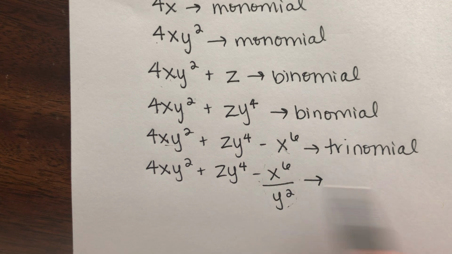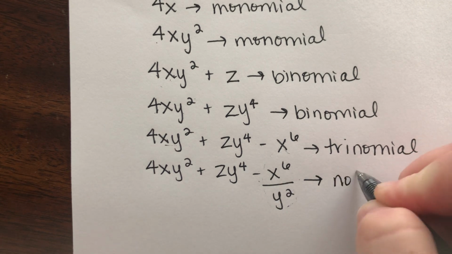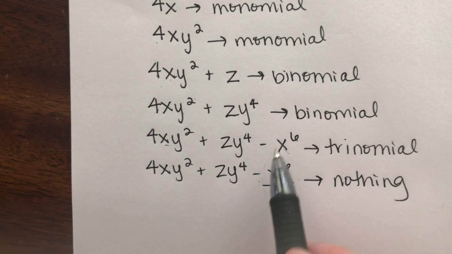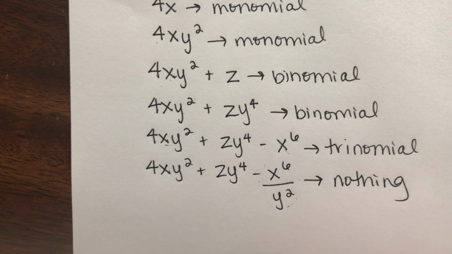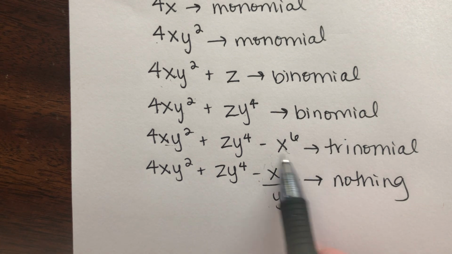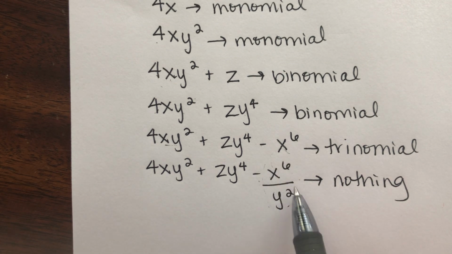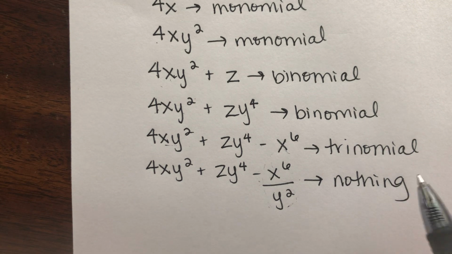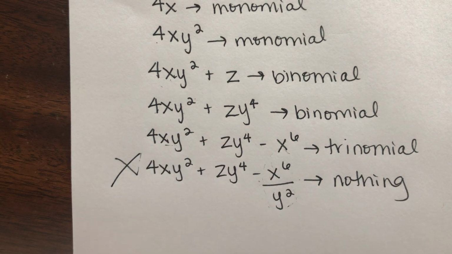So here, this is nothing. Now, if it was a number like 1/2, that's a term because we could change it to a decimal, fine. But a variable divided by another variable, we can't change this to a decimal. It's something different. So when you have a variable on the bottom of a fraction, that is not a monomial. So this is not a polynomial. Put a big X here, okay?